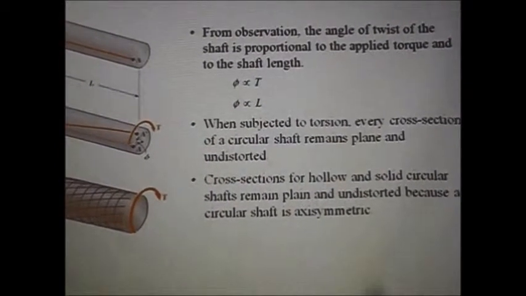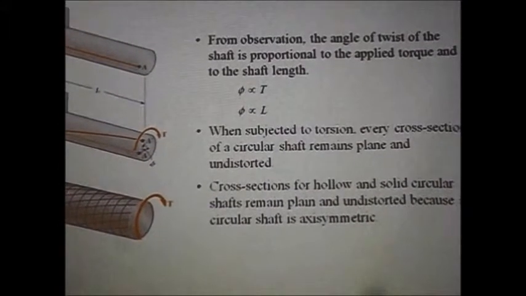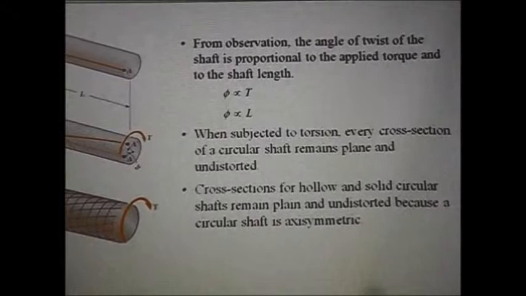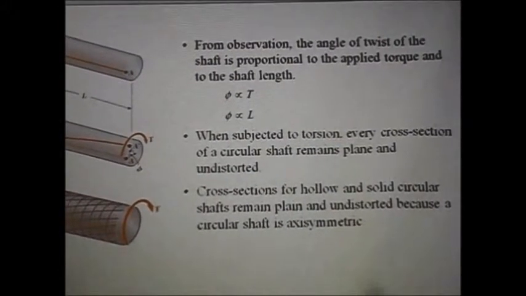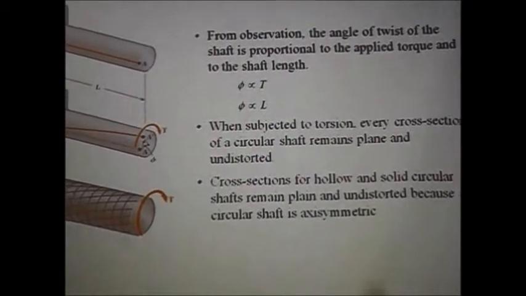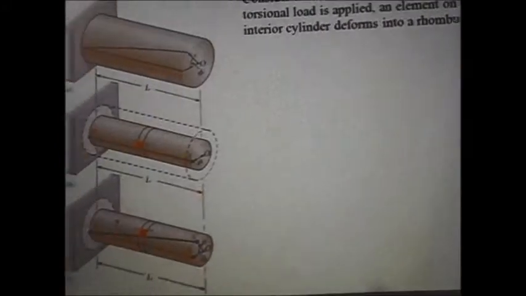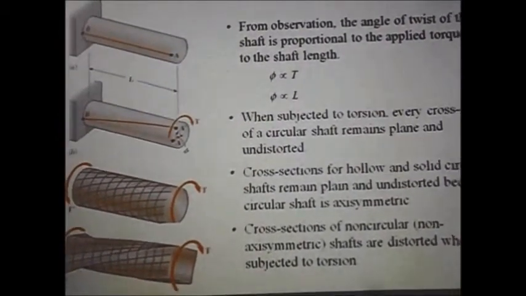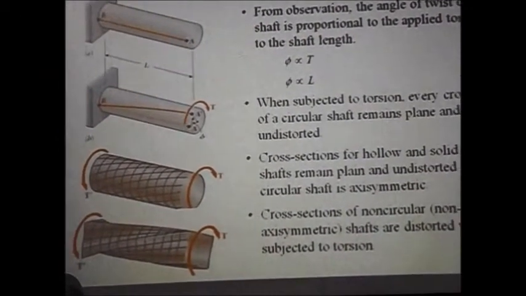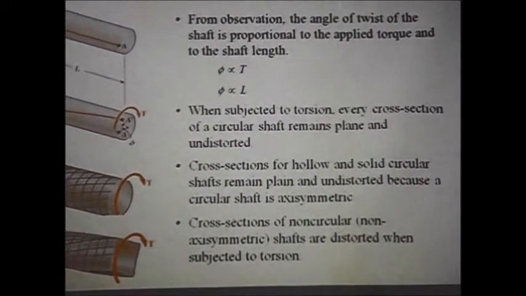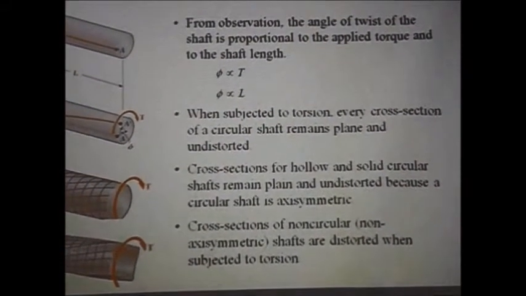Other than that, the cross sections of hollow and solid circular shafts remain plane and undistorted because a circular shaft is axisymmetric. The cross section of a non-circular shaft is non-axisymmetric, so such shafts are distorted when subjected to torsion.